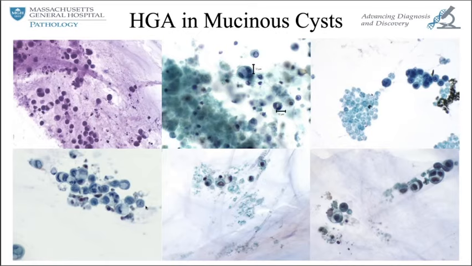Oftentimes when you see cells like this, you go and look at the report and they say this is a 2.5 or 3 centimeter unilocular cyst, with maybe one septation, no septations, and no mural nodule. At that point, from an imaging perspective, it could be a low-grade cyst or a high-grade cyst.